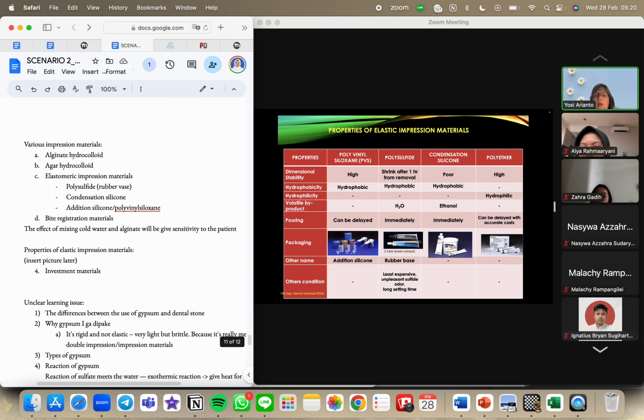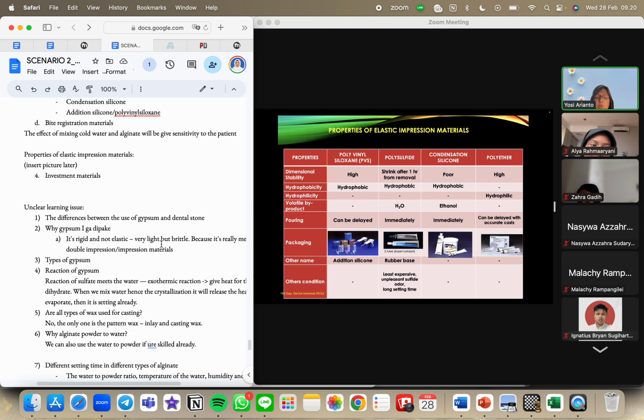Okay, this one, polysulfide, it can shrink. So the dimensional stability is lower, and it is hydrophobic also. And usually it has a byproduct of water, a little bit of water.